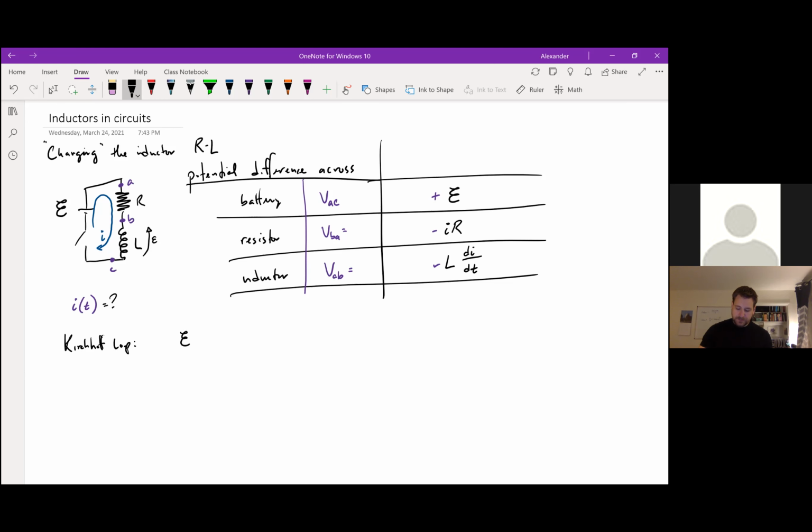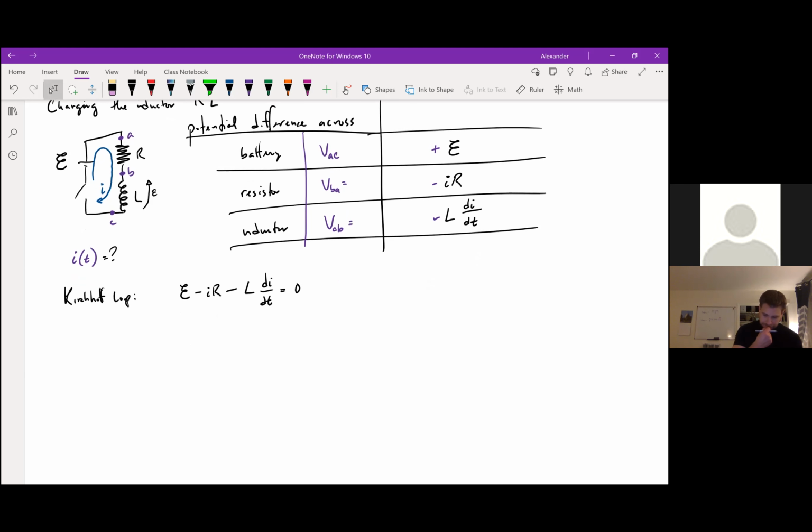First, we see the battery, then we see the resistor, and then we see the inductor, and we should be back to square one by that point. A couple things to note. At time t equals 0, there is no current flowing yet.